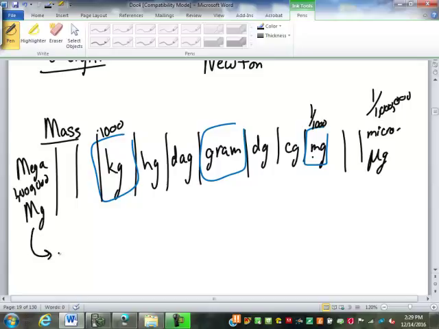They used a megagram to be called a metric ton. So a metric ton is 1,000,000 grams or 1,000 kilograms. There's about 2.2 pounds in a kilogram, so a metric ton is about 2,200 pounds, a little bit bigger than a standard ton.